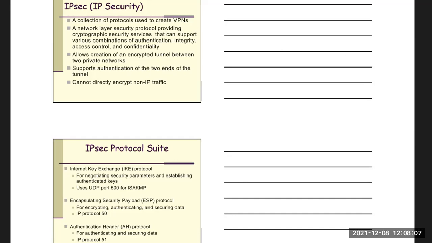Then there is the Authentication Header.